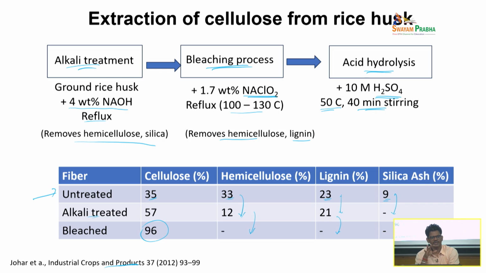So even though this is meant for rice husk purification, pretty much any other agriculture source, suppose you want to extract cellulose from wood, or from sugarcane bagasse, or from any other fibers, you would pretty much do this. There may be a small variation in the optimization of the temperature, concentration of the alkali and bleaching agent, but pretty much the process is this.